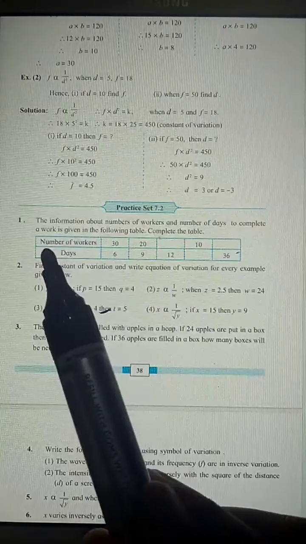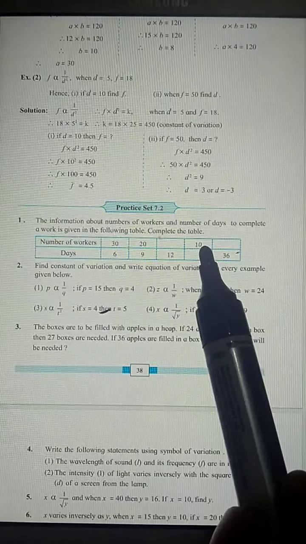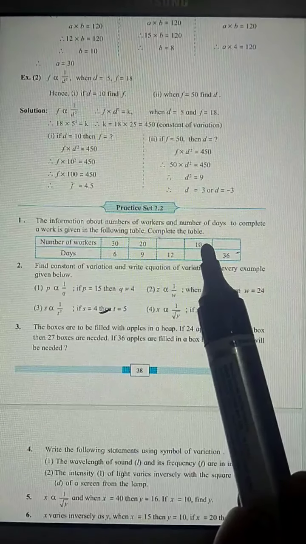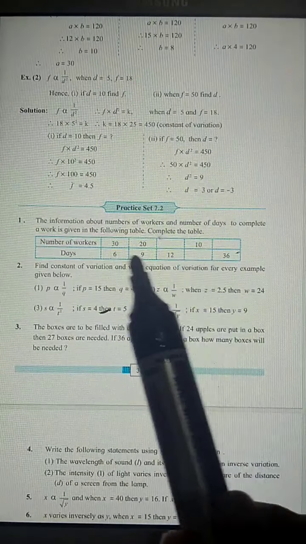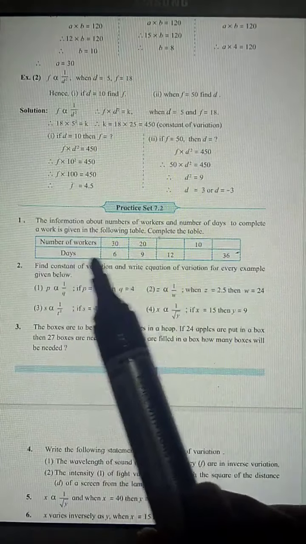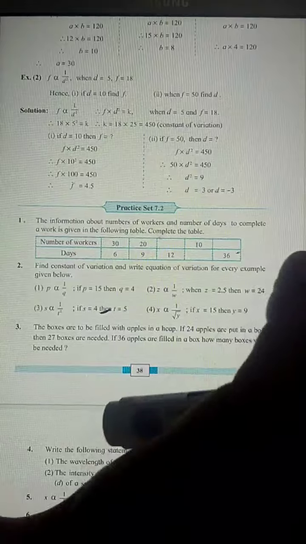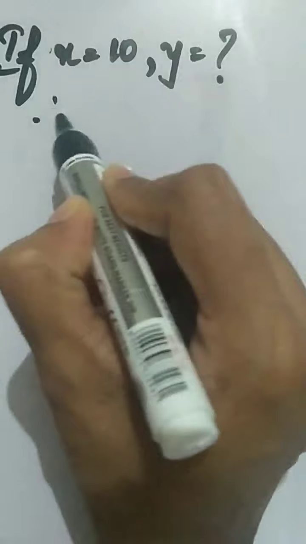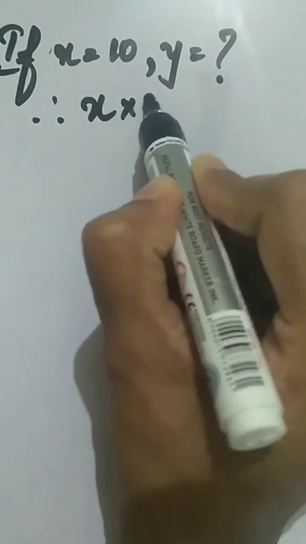Okay? Now let's take the next sum. Now see the next sum. Number of workers 10. Number of days how much? If there are 10 workers, then how many days are required to complete the work is asked. So x is 10. Y we don't know. So if x is equal to 10, how much is y is the question. We know inverse variation means x into y is equal to k.